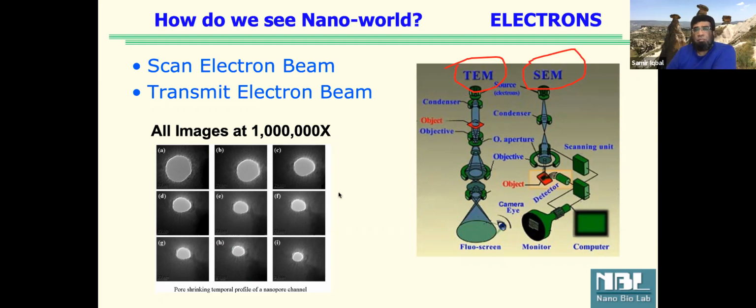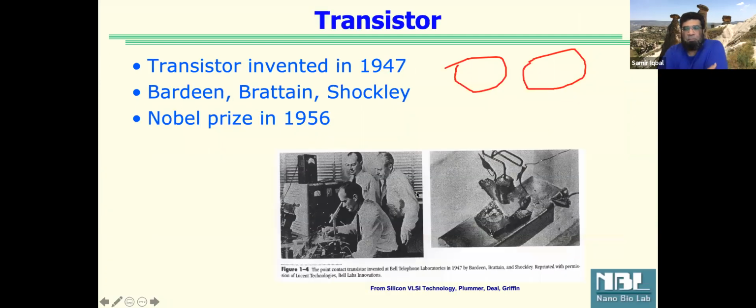Now, going back to the history, the major breakthroughs have come over time from electrical engineers, from device people, by making transistors and then integrated circuits. Hence we have been ahead of the rest in nanotechnology.